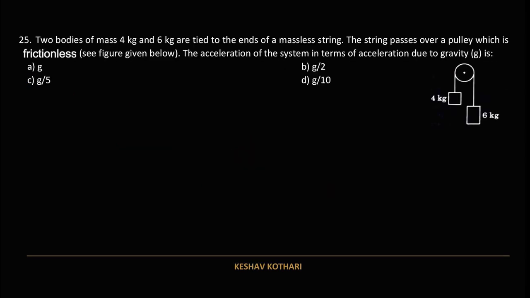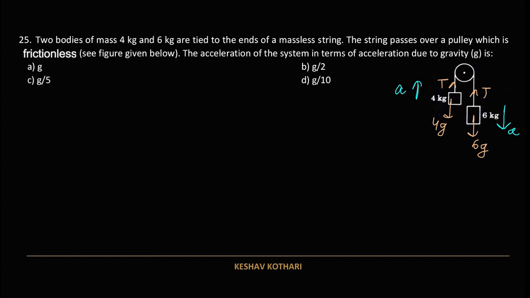Two bodies of mass 4 kg and 6 kg are tied to the end of a massless string. The string passes over a pulley which is frictionless. The acceleration of the system in terms of acceleration due to gravity is. So for this one, I can say that the weight over here is equal to 6g, which is balanced by a tension T, and over here is 4g, over here also T is acting, and then the acceleration is in the downward direction and in the upward direction.